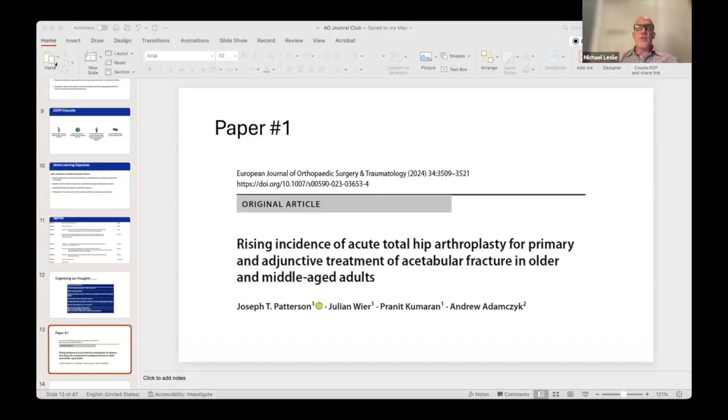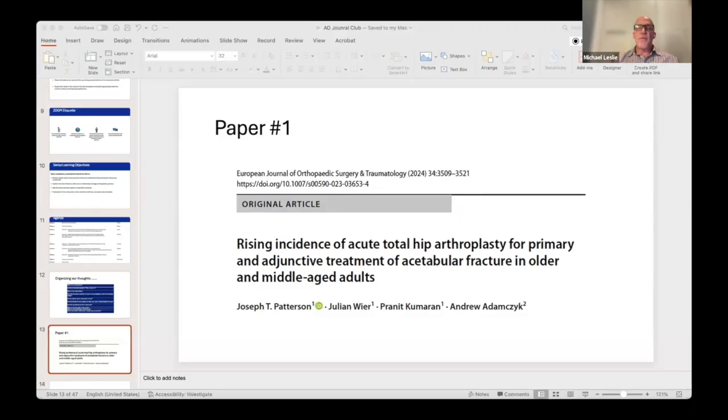I think for the most part, when we're talking about ORIF plus total hip, or even total hip utilized for acetabulum fractures, I know in my practice, that really is almost exclusively over the age of 65. Really, I try to reserve that.